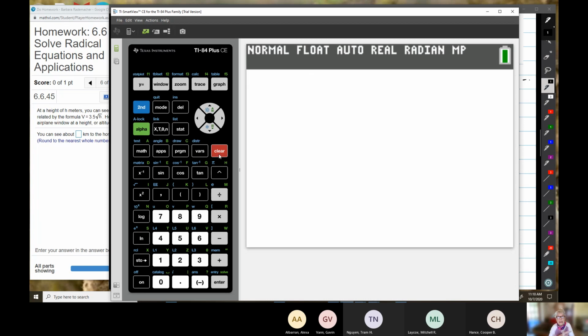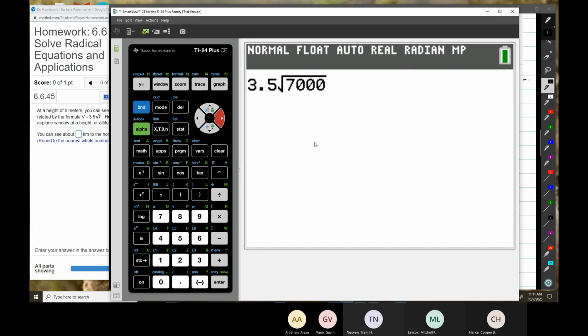It erases all the evidence. 3.5, second, x squared, 7,000. And then, if you have the old form, you have to close your parentheses. If you have the new one like me, I have to click the right arrow key, to get to the outside. That signals the calculator that I'm done putting stuff under the square root sign.